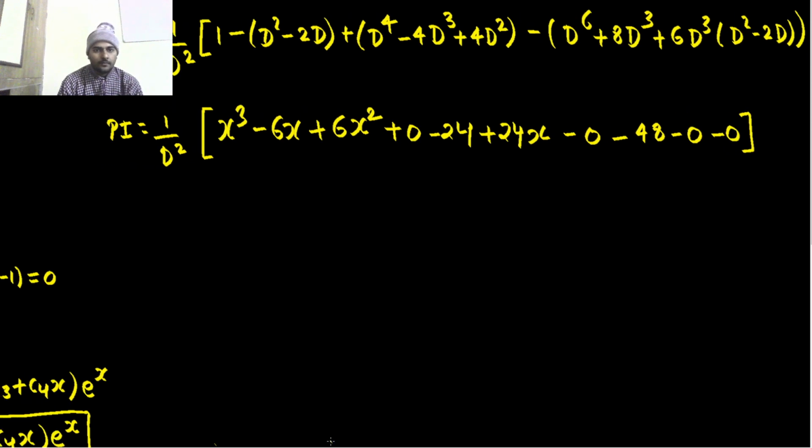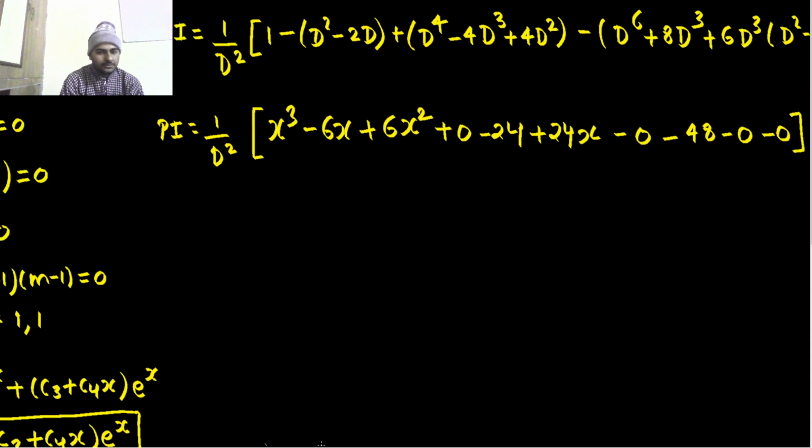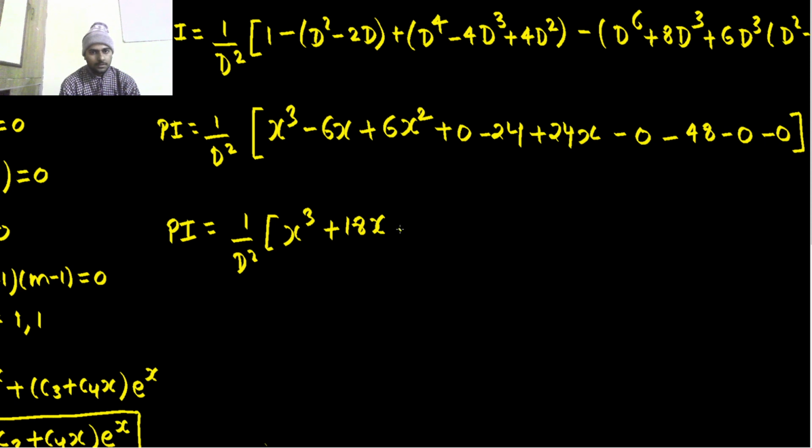Now, let's calculate it further. So your particular integral is 1 upon D square. The x cube term is there. 24 minus 6 is 18, plus 6x square, and this is 24 into 3, minus 72.